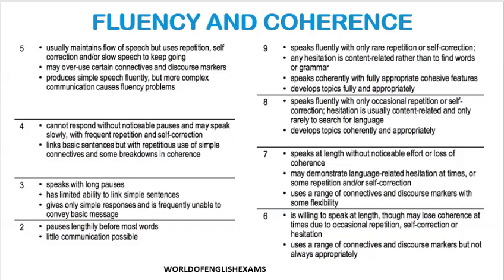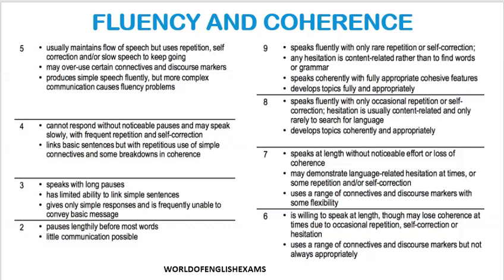Now before we move on to the next element of fluency and coherence, let's see how to improve this. So a person with band 2 pauses lengthily. Now if you see band 3 speaks with long pauses, so still that is not corrected. A person who is getting band 3 also is speaking with long pauses. Next, let's go on to band 4 for the same thing. I just want you to look at the first point.